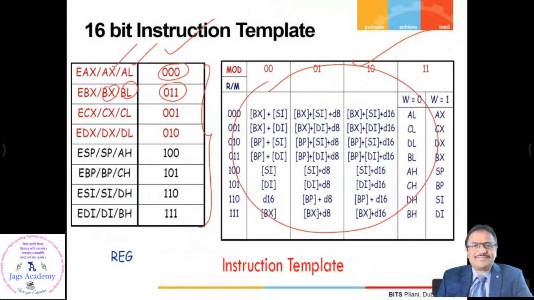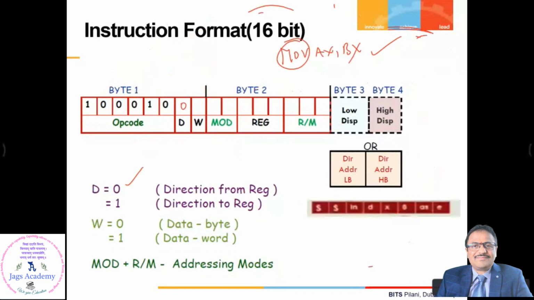BX. Let us see the table. Which is the code for BX? 011. Let us go back. And what do you have to put here? Register 011. Now we have to see what the mode bit and register or memory are.